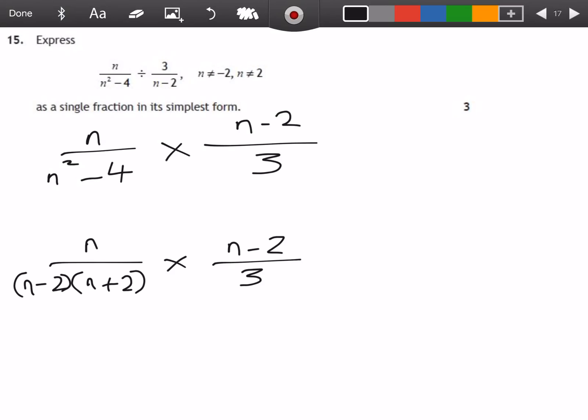Remember, when you're doing algebraic fractions, if there's anything you can cancel out that's identical at the top, identical at the bottom, they can cancel. There's an n minus 2 and there's an n minus 2 as well. So what we'll end up with is n at the top only. At the bottom we've got a number 3 and an n plus 2. Put my 3 at the front, n plus 2. You don't need to multiply out that bracket, that's perfectly fine like that. Okay?